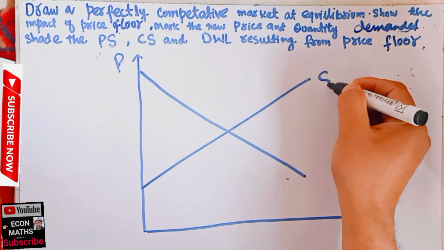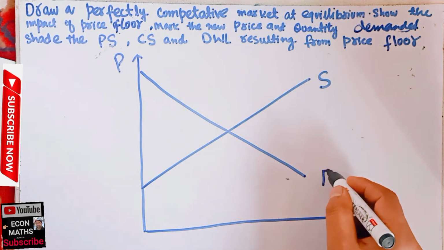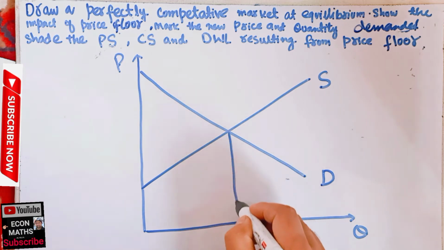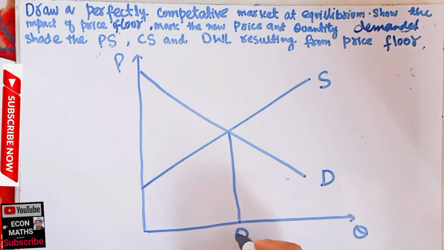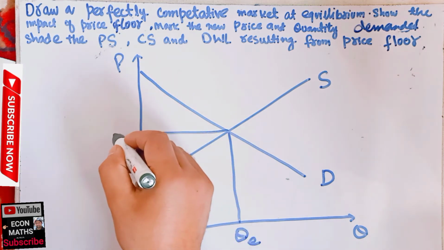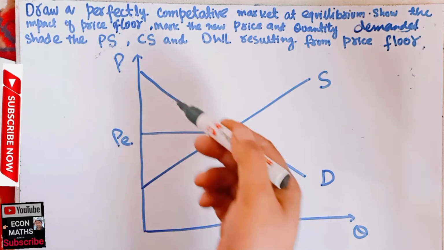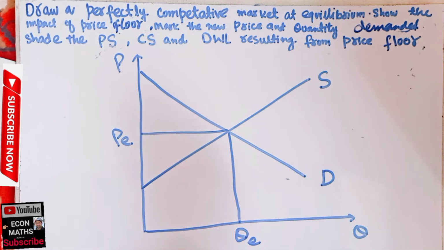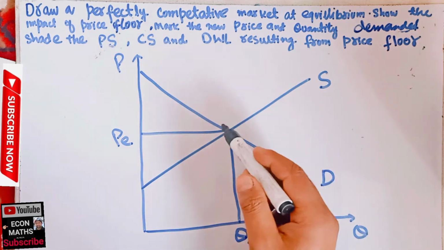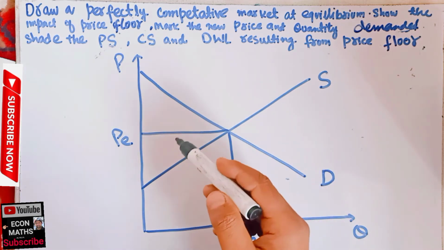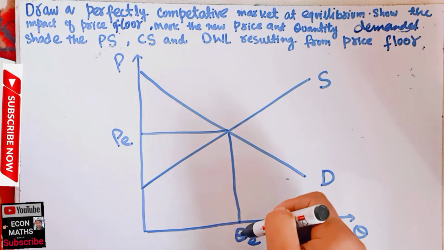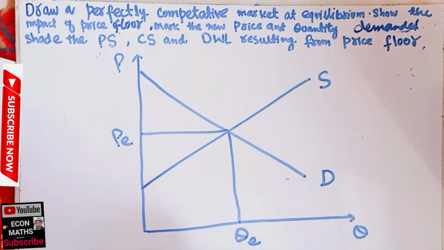This is our supply curve and this is our demand curve, and we draw the equilibrium quantity and equilibrium price, which is formed by the intersection of the demand and supply curves. So this is the equilibrium quantity and this is the equilibrium price.